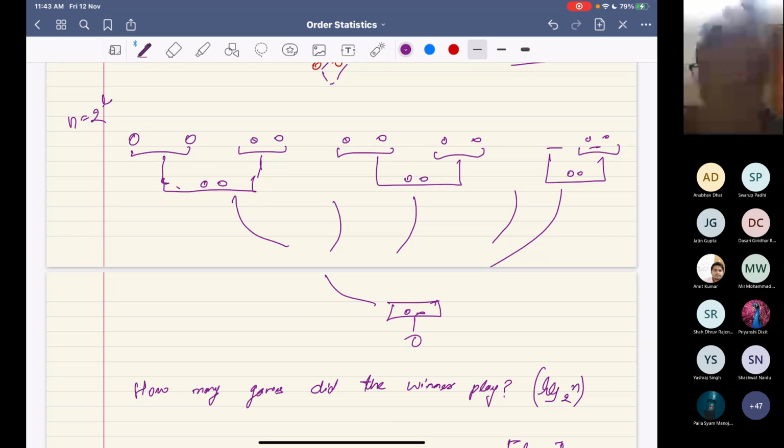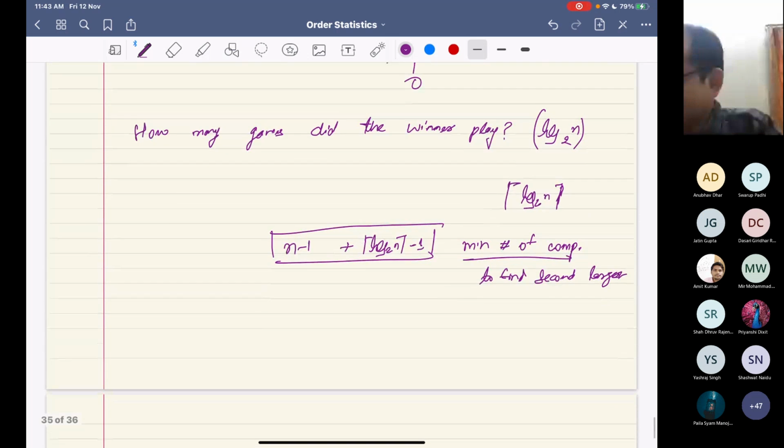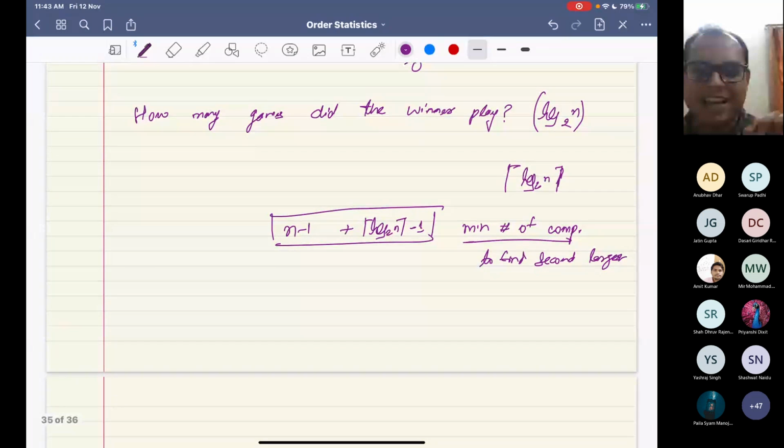So n by 2, and so on, all these comparisons to find the winner. So that is n-1. Yeah, you can't do better than n-1. Everyone, one has to lose. They have to be given a chance to show that they are the best, right? You can't just say, oh no, we cannot be the best. They have to be given a chance to fight the winner.